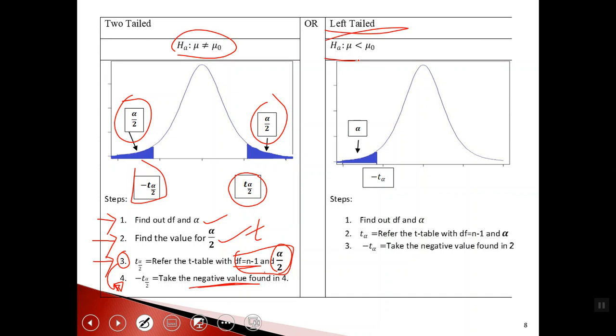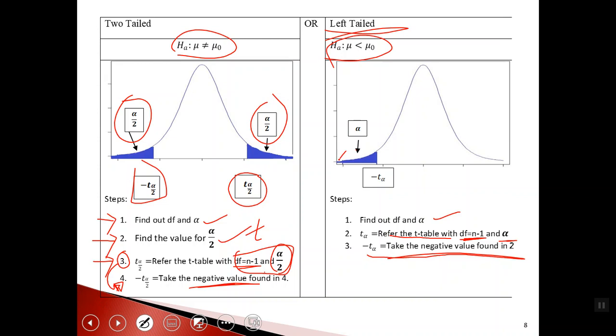Left tail test, when mu is less than mu naught, you have to use the left tail test. First find the degree of freedom and alpha, then refer to the t table to find t alpha. You know the degree of freedom and alpha, so find t alpha using your t table. That t value, you need to take the negative of it, because this time you need to work with the left tail.